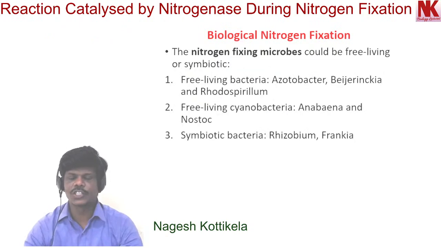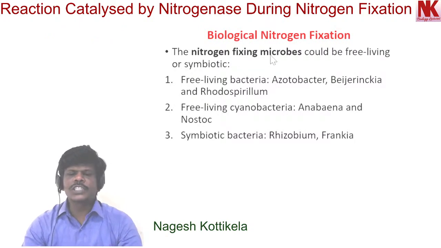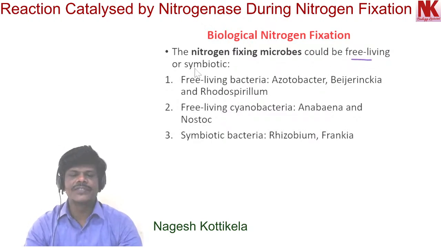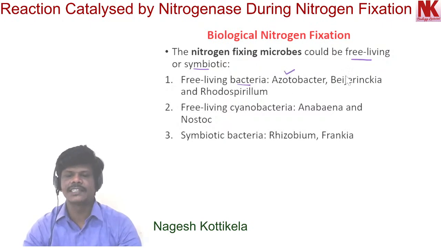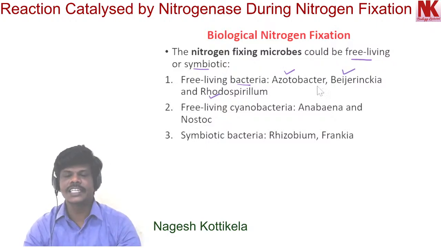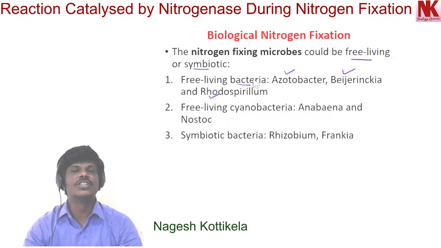Now moving to the next, the nitrogen fixing microbes could be free living as well as symbiotic. Let's discuss the examples. Free living bacteria examples are Azotobacter, Beijerinckia and Rhodospirillum. Free living cyanobacteria are Anabaena and Nostoc.